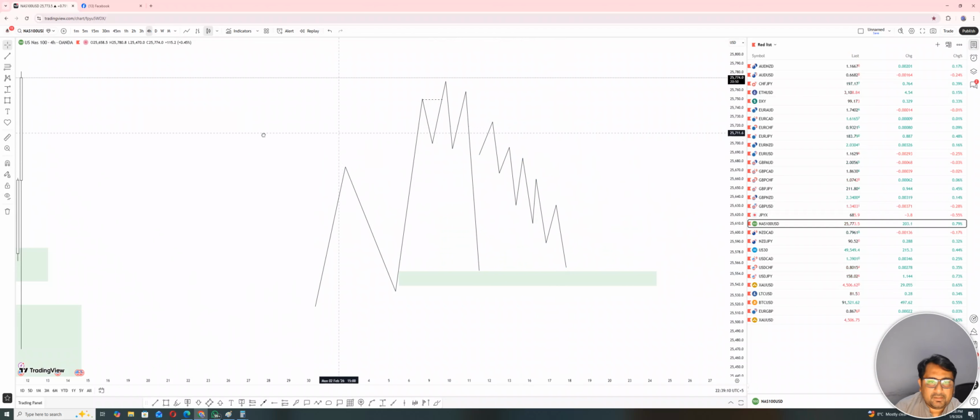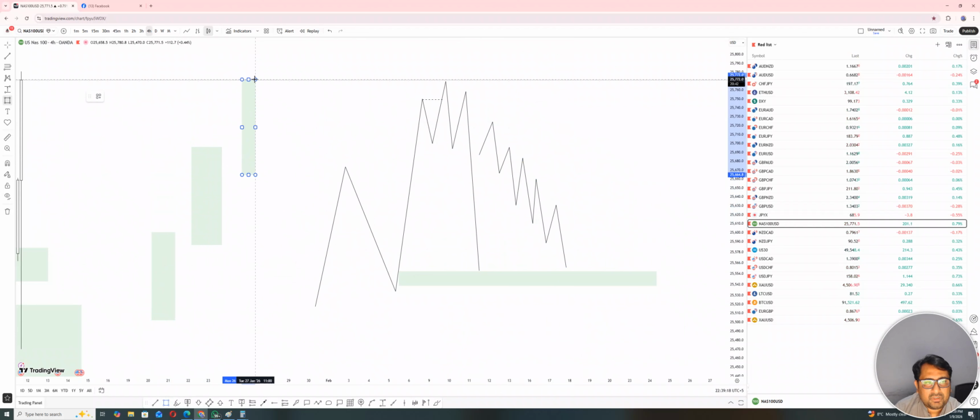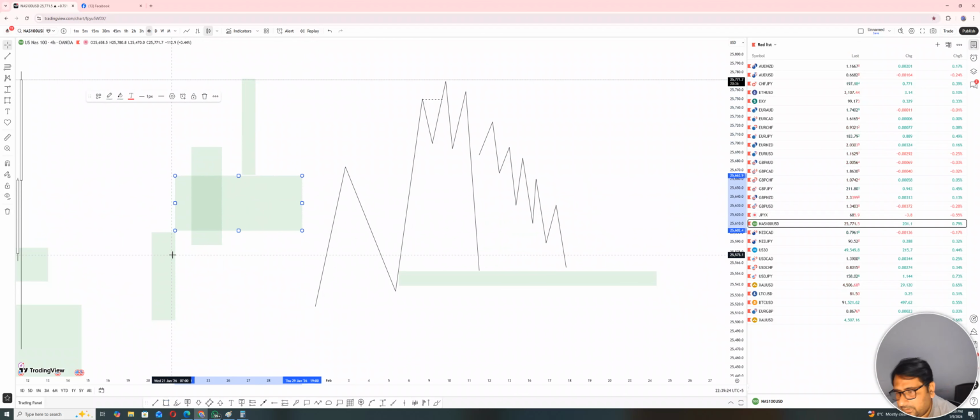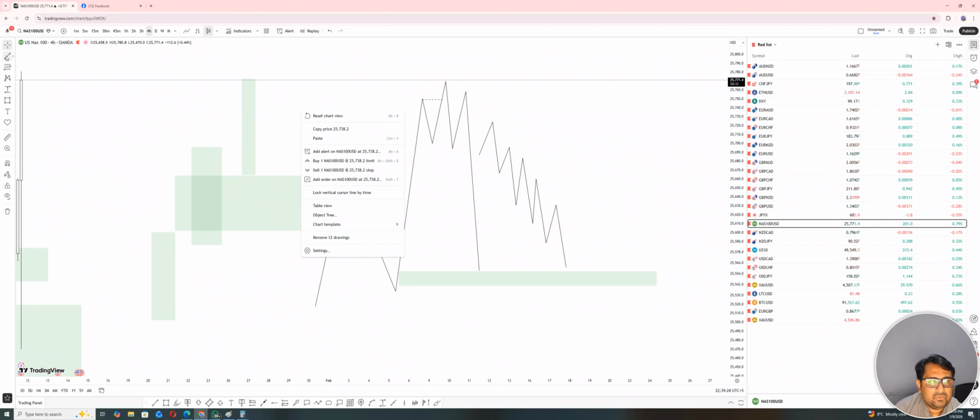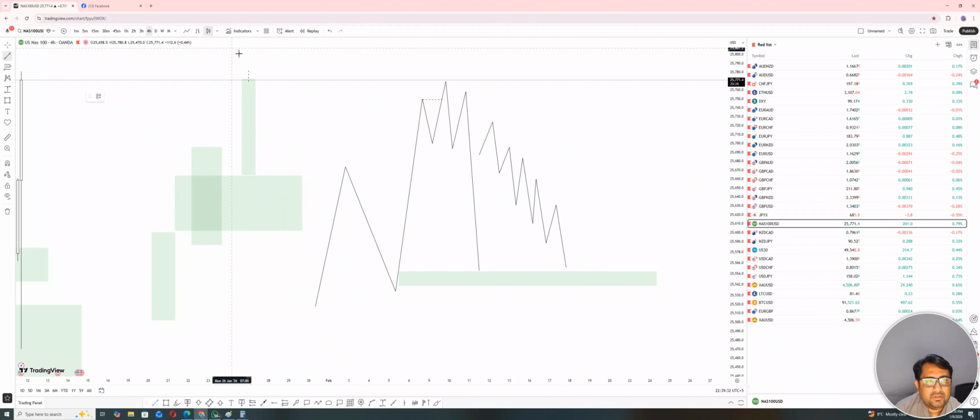Okay, the second way is this: if you have a weekly fair value gap and you want to trade for selling, retest this fair value gap, because a weekly fair value gap gives the direction of the institutions. You need to see that first of all we have a weekly high break.